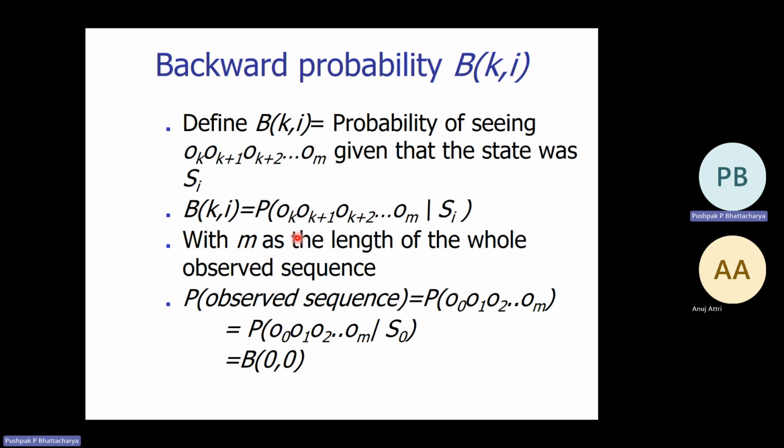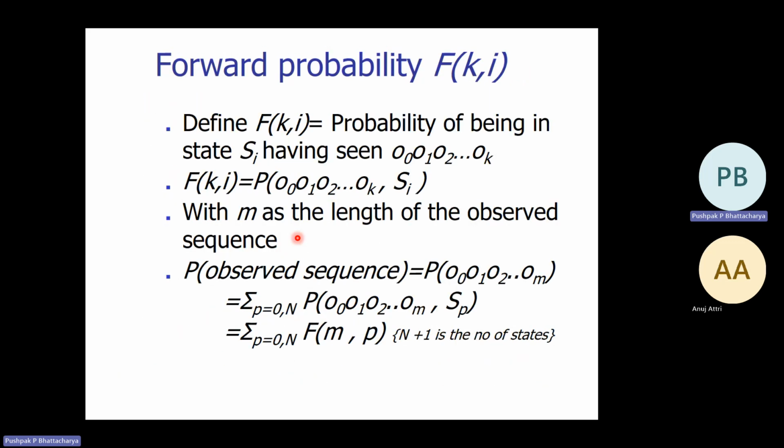More elegant than the expression in terms of forward probability, which is in terms of a summation and Fm,p. Okay, so does it mean that forward probability will be more or less efficient than backward probability? It turns out that that is not the case. Okay, you make use of dynamic programming and Markov assumption, and you have a linear time algorithm for forward probability and backward probability, for both.